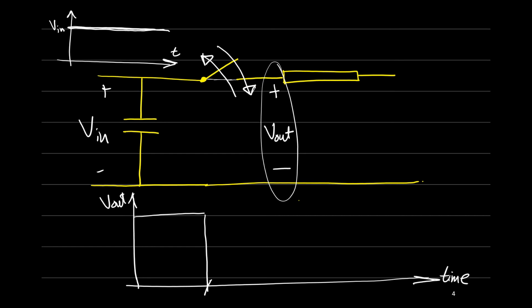When the switch is off, what happens at that moment? The current will be 0, and then the output voltage will be 0, because the output is not connected to any power source. So here we have no value in the output, it will be 0 volts.